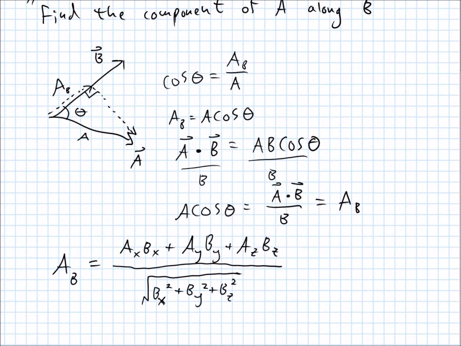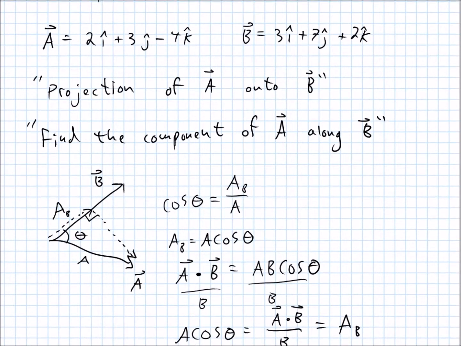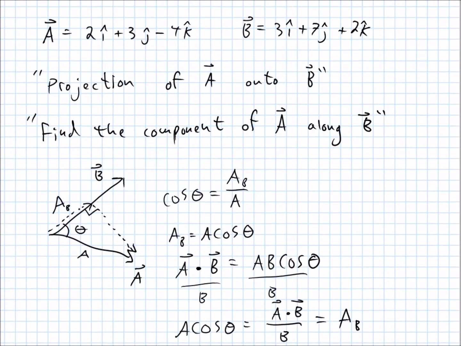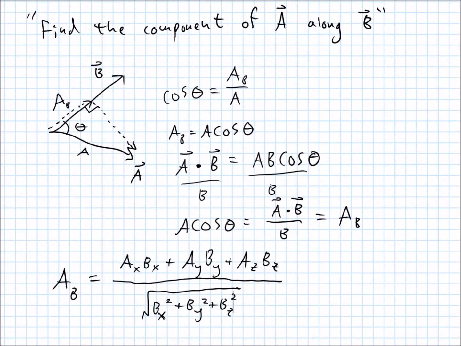And that'll give us our answer. We know all of those components up here at the top, and I don't want to plug them in. But that is an example of how you can find a projection of one vector onto another, or the component of one vector in the direction of another vector.